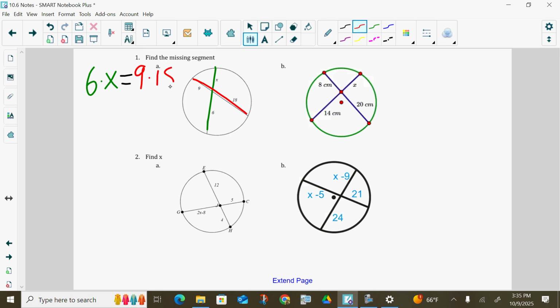So I'm going to say 9 times 18. So 9 times 18 will give us 162, and that's going to equal 6x. And when I divide both sides by 6, I'm going to get x equals 27. So I want you to repeat that process and try that for 1B.